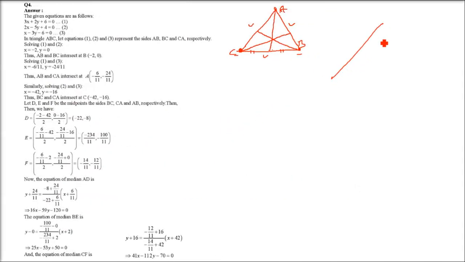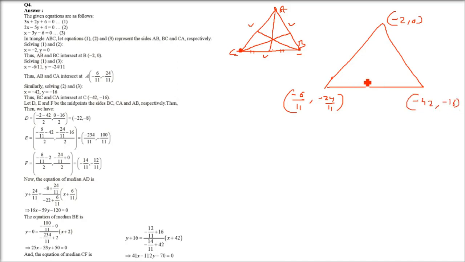That means the triangle has now the vertices, and I hope you'll be able to solve the intersection of two equations, and that is going to be minus 2, 0. Just check it. And minus 6 by 11 and minus 24 by 11. This is the second point. And then coming to the third point, which you will get as minus 42 and minus 16.